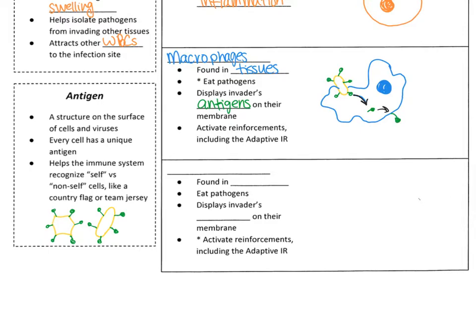The purpose of this is to essentially activate the adaptive immune response that we'll be learning about later. So if we want, you could even draw a second arrow here that would say activate the adaptive immune response. All right, so to summarize, macrophages are called macrophages because they are big eaters, and they display the antigens of the enemy, and they alert the adaptive immune response if necessary.